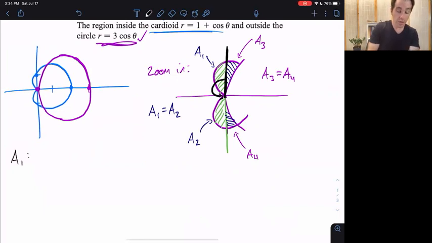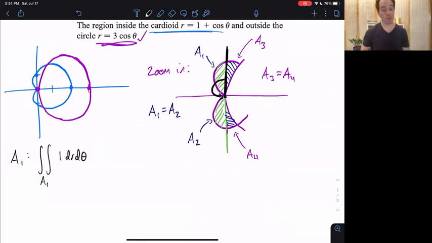So to get the area of the first region, we can say we're going to integrate 1 dr d theta over area 1. Area 1 is described by r going from 0 up to the cardioid and theta going from pi over 2 to pi.